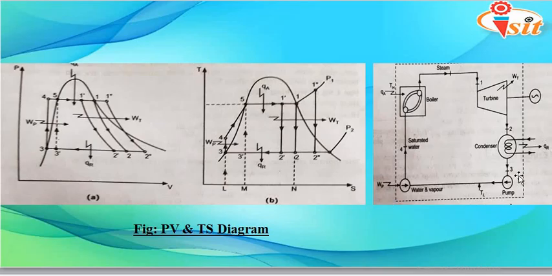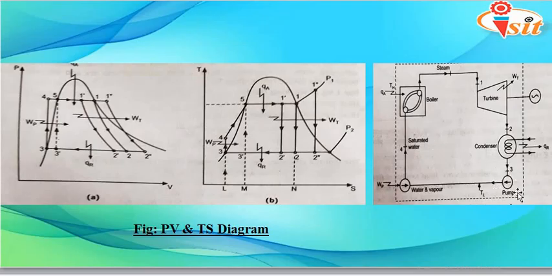After this, the next process is represented by 3 to 4, which is an isentropic compression process. In this process, the feed water is pressurized using a pump, which then finally enters the boiler.